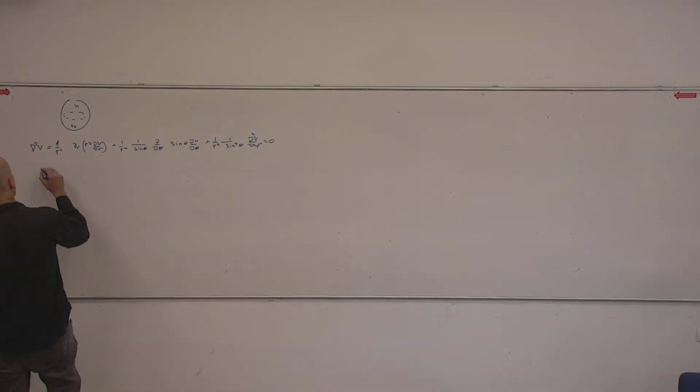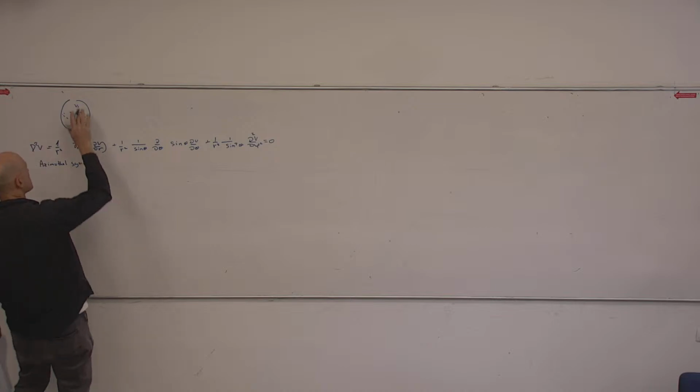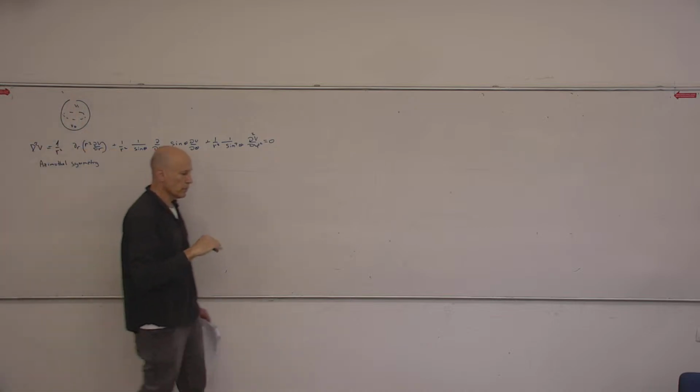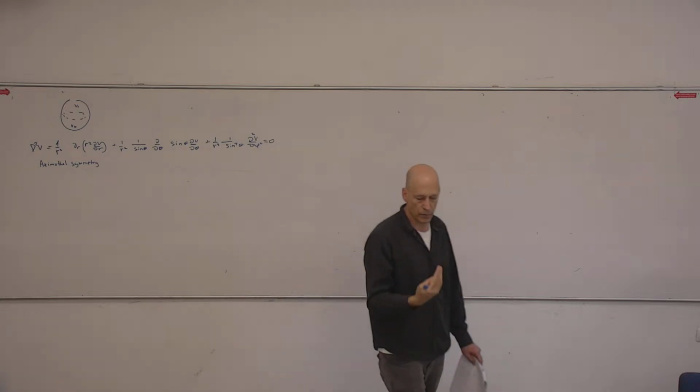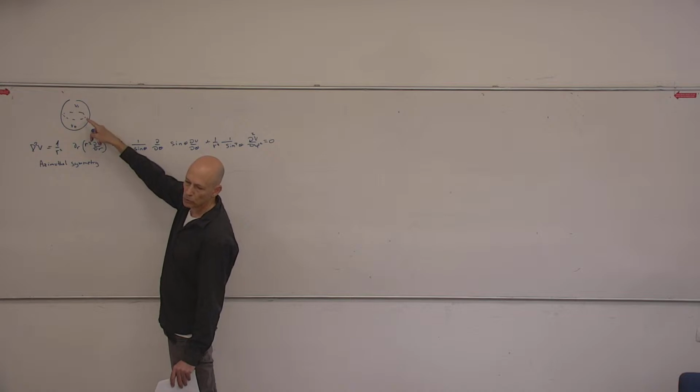So now we are going to assume, for simplicity, azimuthal symmetry. This is an example of azimuthal symmetry. It means that we are talking about the sphere, and then the angle phi is not important.